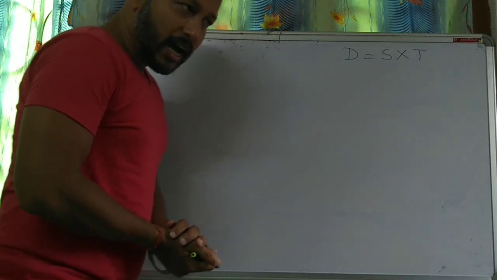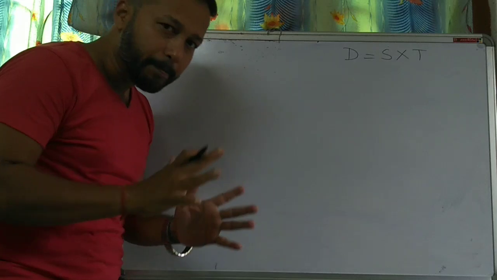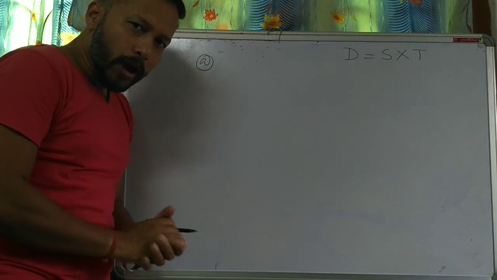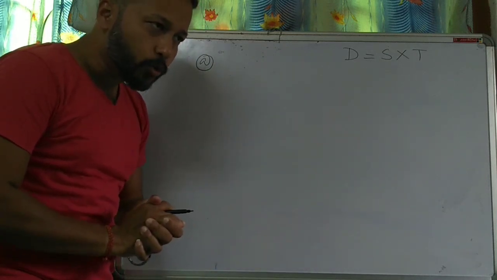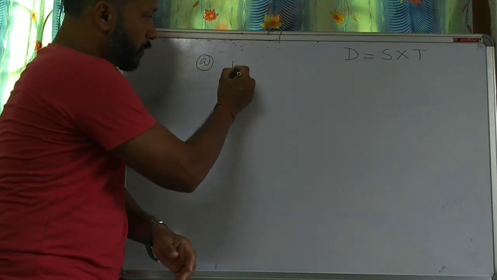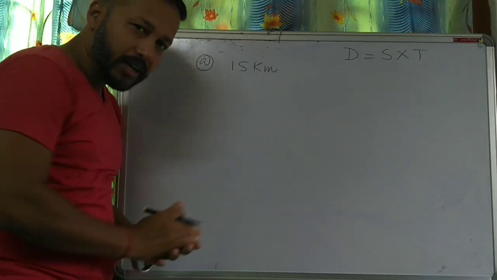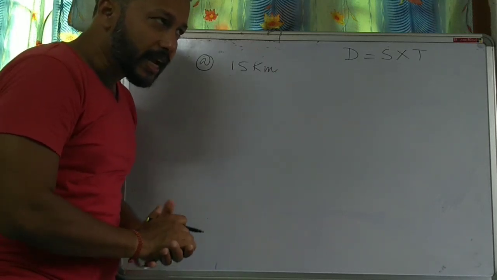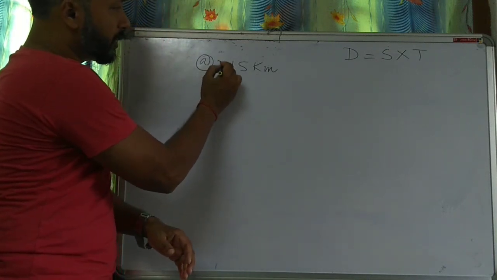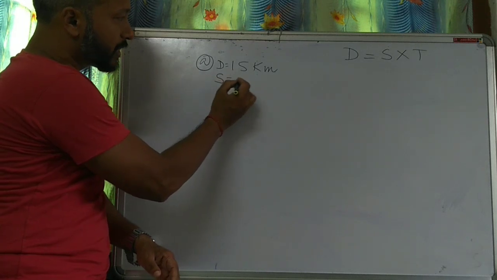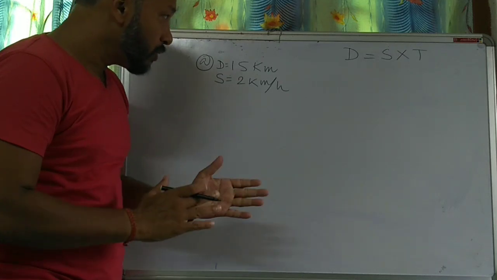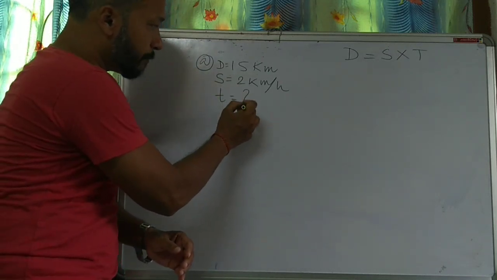Now first we'll discuss a simple idea, like say number A. Say you have to cover a distance of 15 kilometer, and your speed is say 2 kilometer per hour. Now we have to find the time.